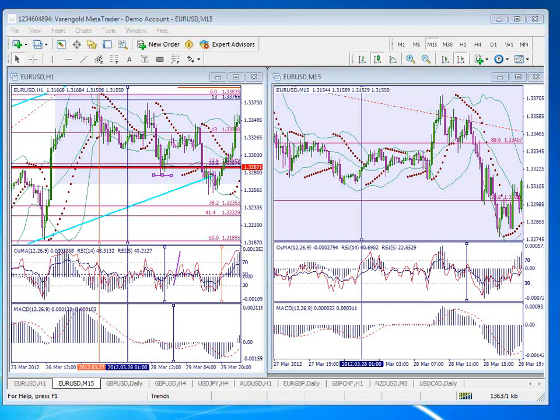It's quite different for smaller time frames, and all the time the pair is changing direction.